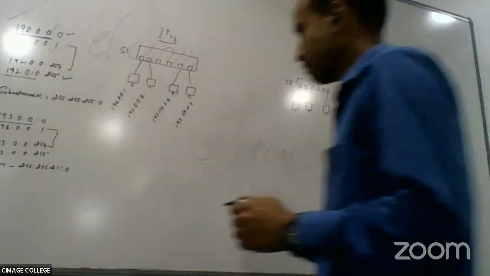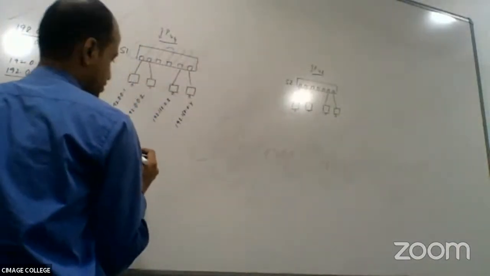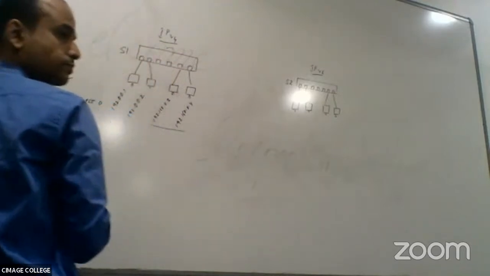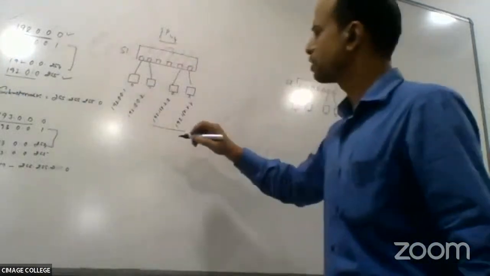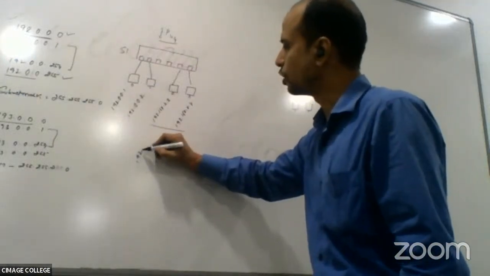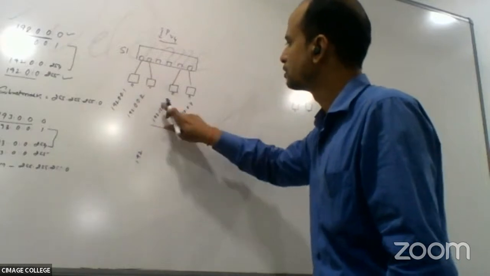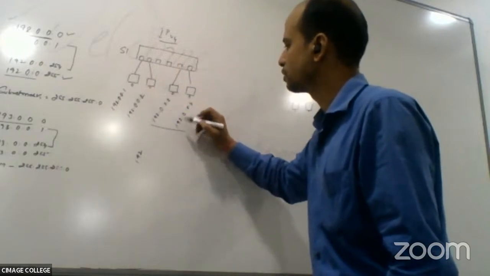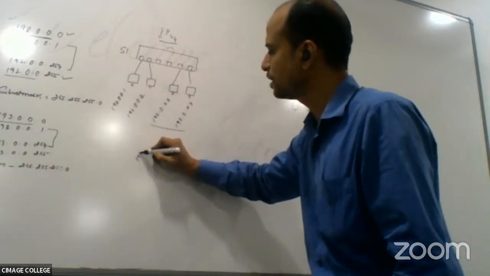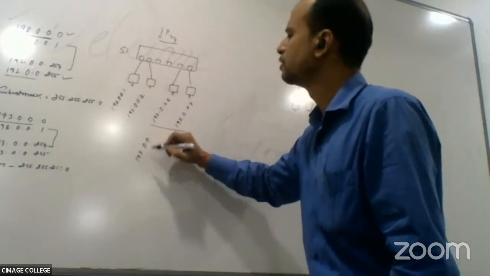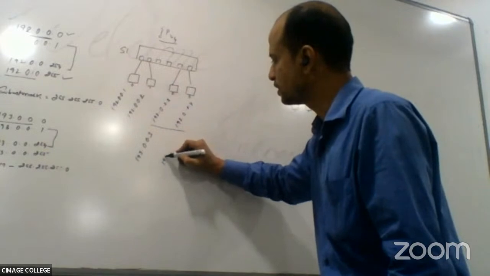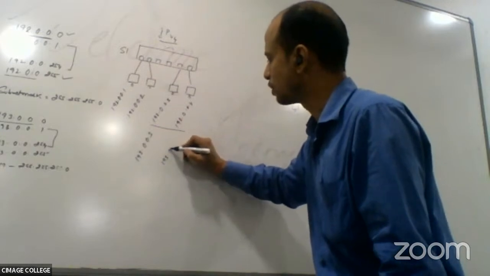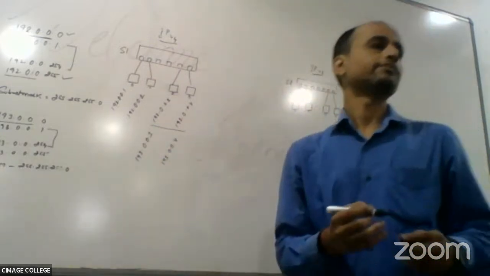Why I have taken the second network? Because in case if you are going to change the IP address of these two nodes, I'm just going to put another 193.0.0.3 and 193.0.0.4. Then what will happen?